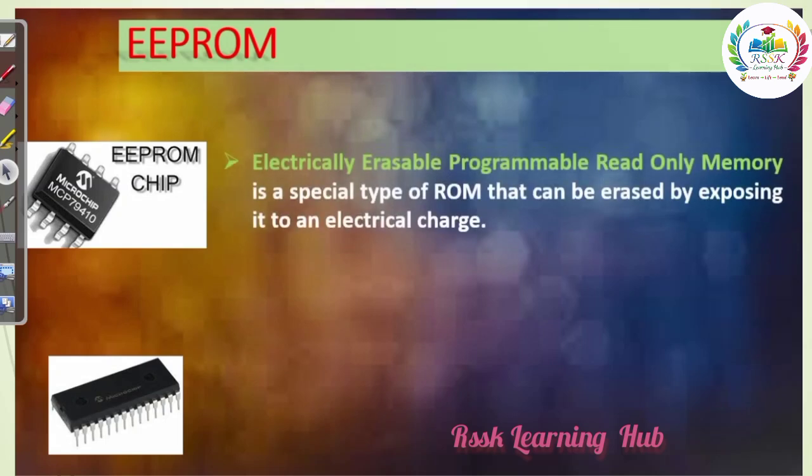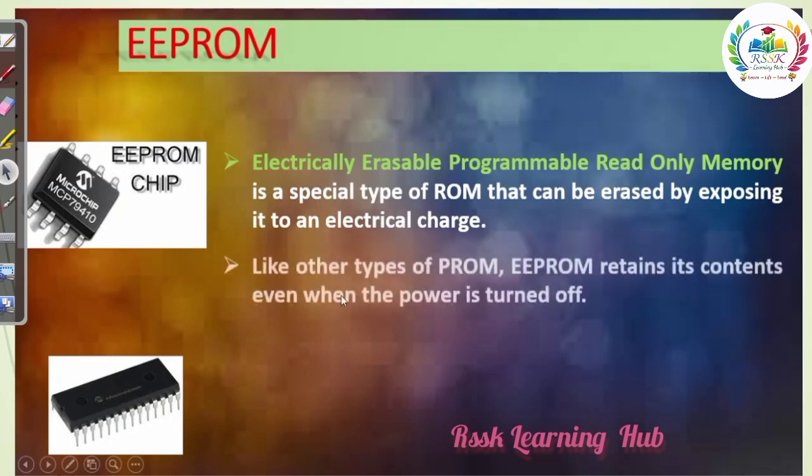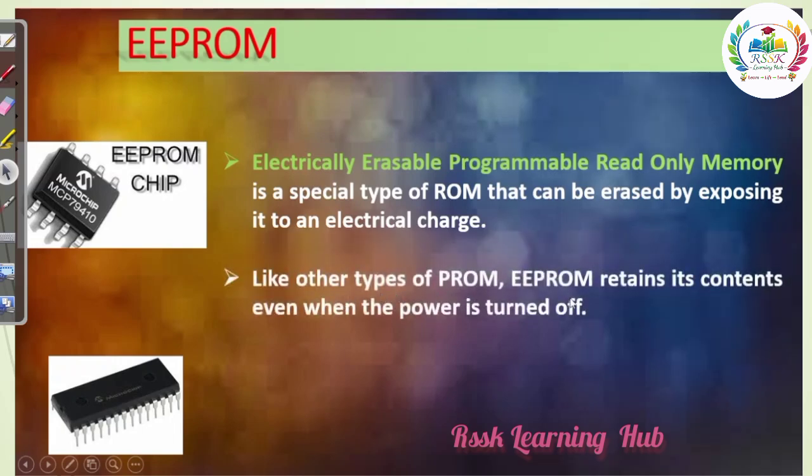It is a special type of PROM that can be erased by exposing it to an electrical charge. Previously, you exposed it to ultraviolet rays. So in electrically erasable programmable read-only memory, you can erase the content by using an electrical charge.